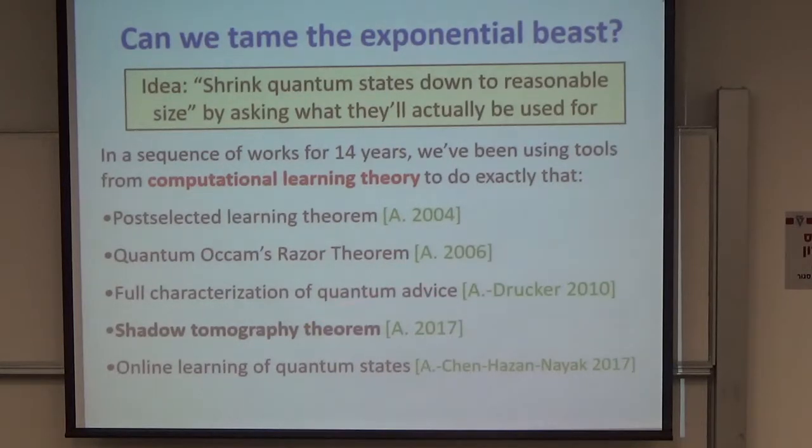I've been interested in the power of quantum advice states in complexity theory, like a quantum state that someone would hand you to help you solve some computational problem. Can we bound how much more powerful that can ever be than a classical advice string of a similar size? We've had results about that. And then, with Elad Hazan, Jinyi Chen and Ashwin Nayak, we have a brand new result which extends this quantum Occam's razor theorem to a setting called online learning, where there doesn't even have to be a distribution over measurements.